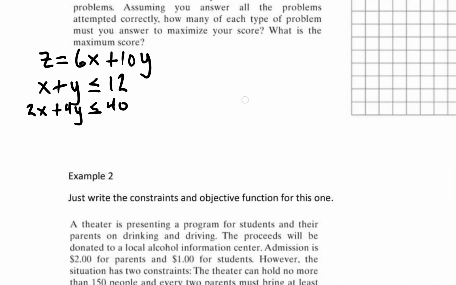And then the last two are the same two that you always have. X has to be greater than or equal to 0, and y has to be greater than or equal to 0.